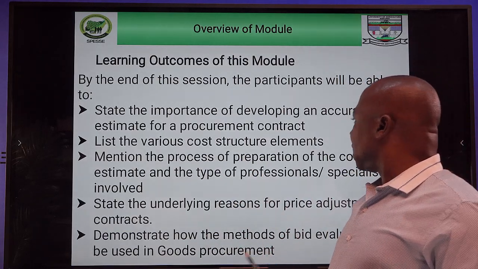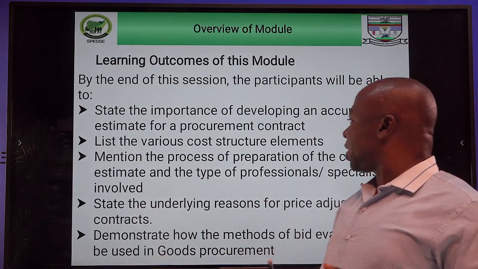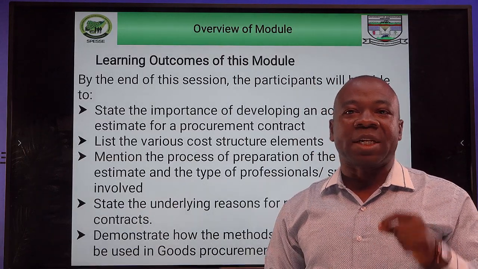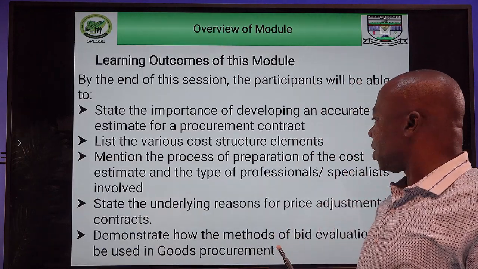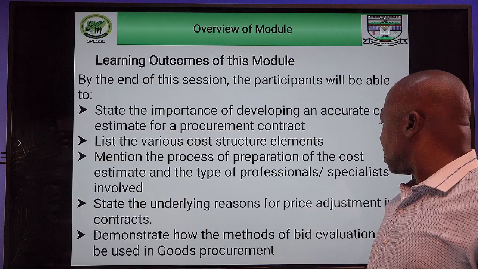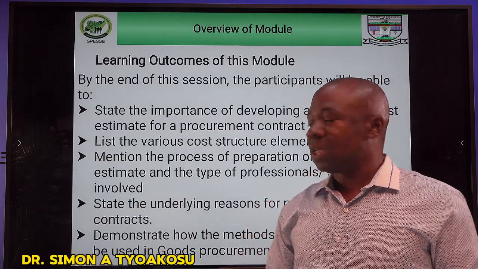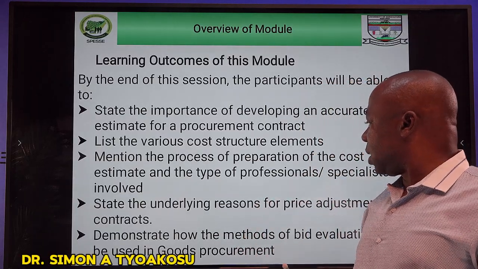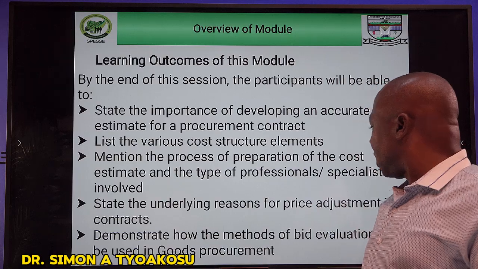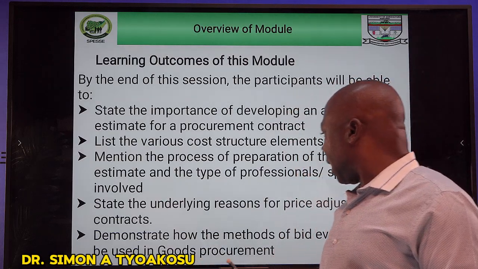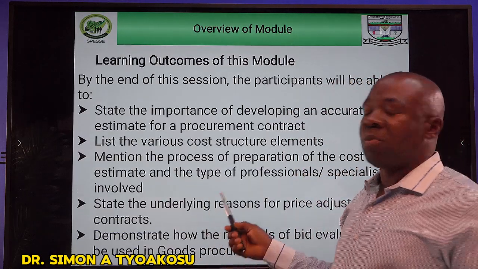Then we should be able to state the preparation of the cost estimates and the type of professionals that are required to prepare cost estimates, as well as the underlying reasons for price adjustments in contract. Then the demonstration, we should be able to demonstrate how the methods of bid evaluation are done with respect to procurement of goods.